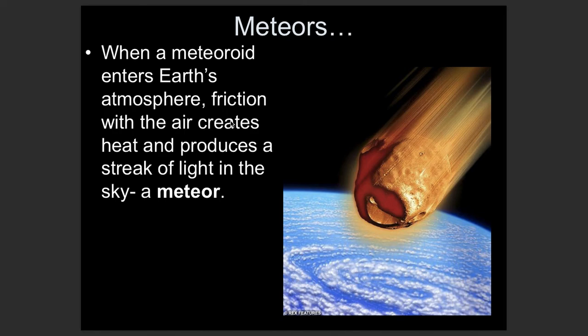Usually these will be reduced or dissolved upon entrance, right? So a meteoroid, which is a chunk of debris floating in space, when it enters the atmosphere and creates the streak in the sky that we see, like a meteor shower, right? You've heard of those. That is known as a meteor.